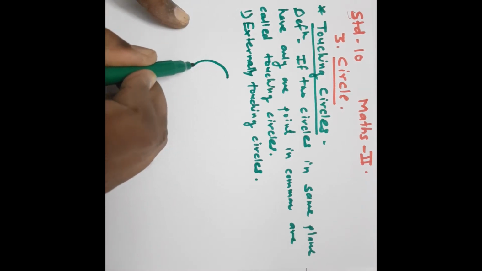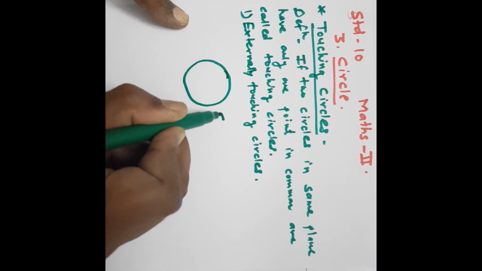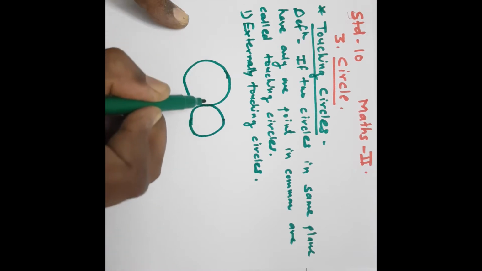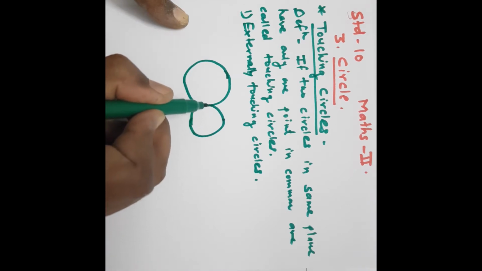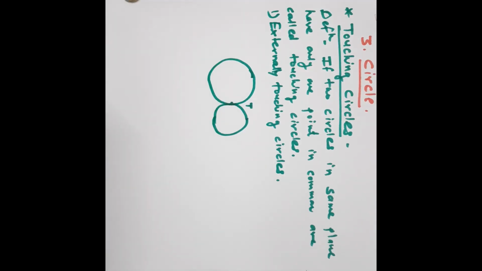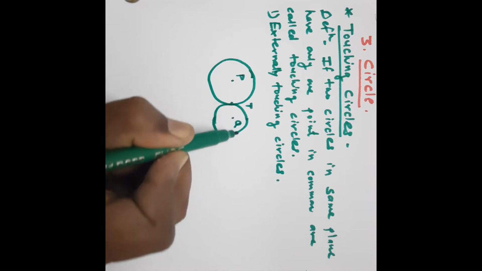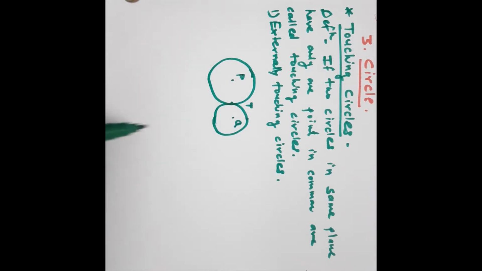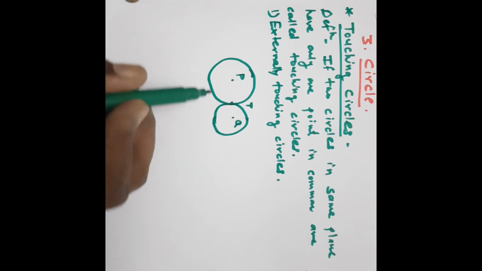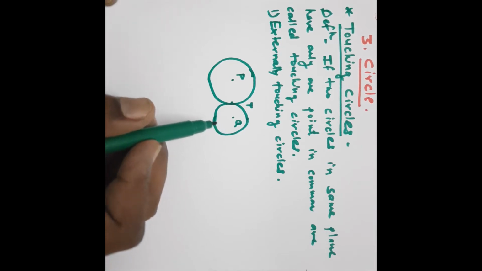If there are two circles which touch each other in point T, and P and Q are their centers, then these two circles are called externally touching circles.